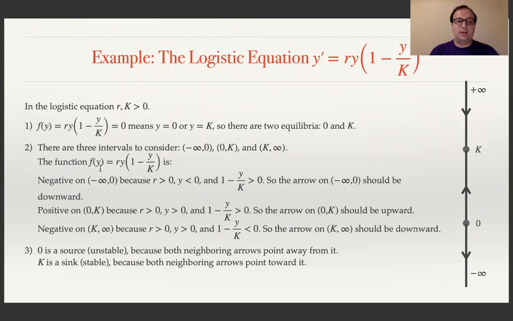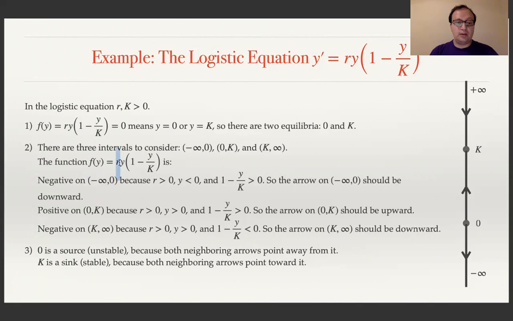And let's try to find the sign of the function f of y on each of these intervals. So on the interval minus infinity 0, this means y is less than 0. And then let's look at the product ry times 1 minus y over k.